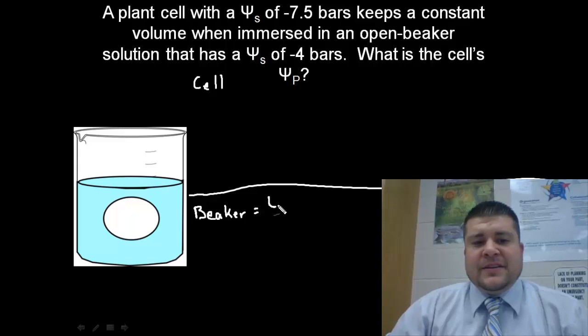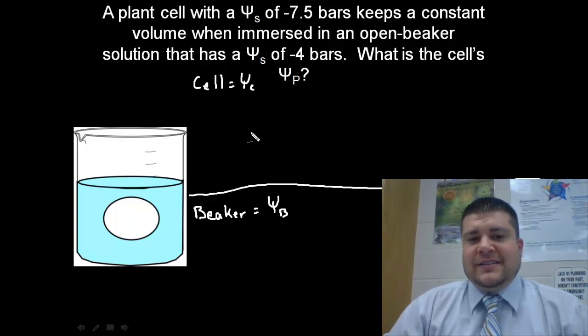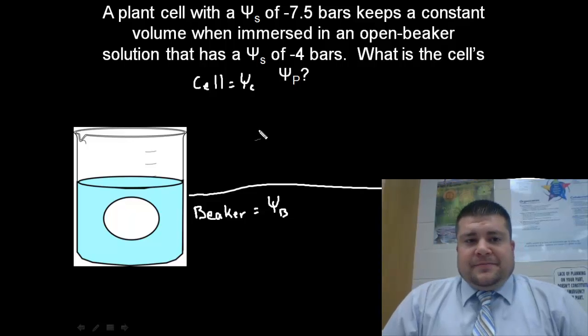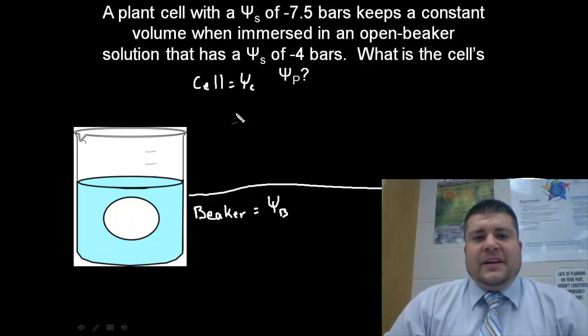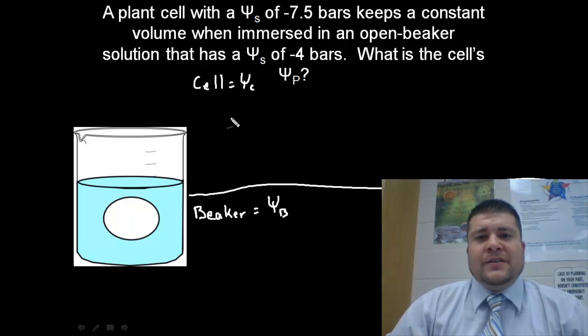I'll indicate that by saying the psi of the solution inside the beaker or the psi that's inside the cell. That's just how I like to keep it separate. And it tells me that a plant cell with a psi S of negative 7.5 bars is kept at volume when immersed in an open beaker that has a solution of psi S of negative 4 bars.